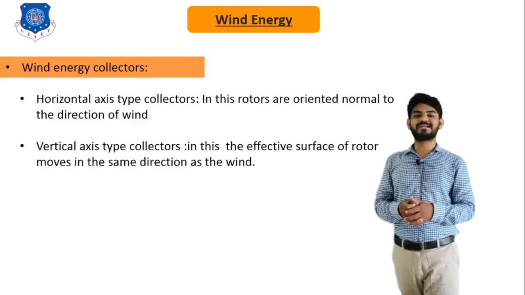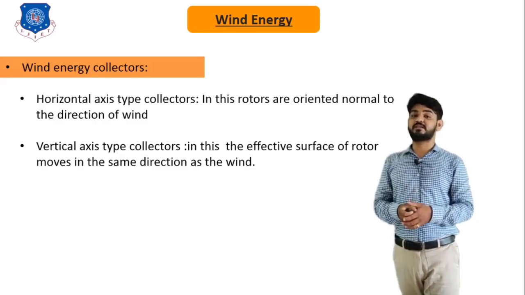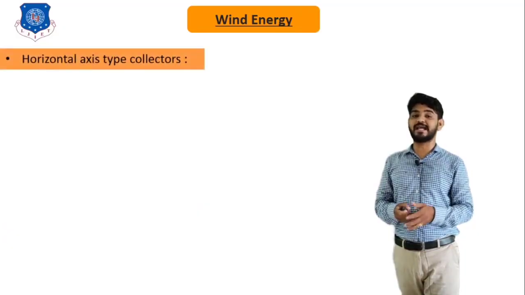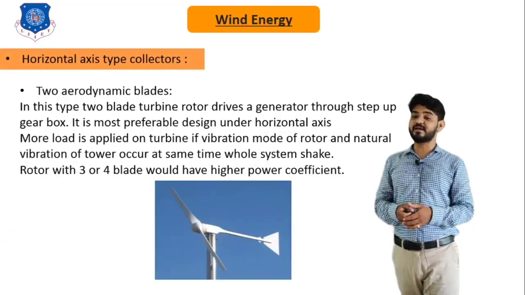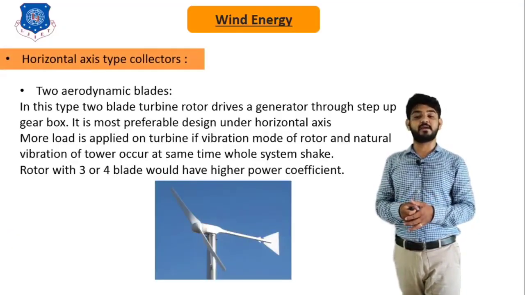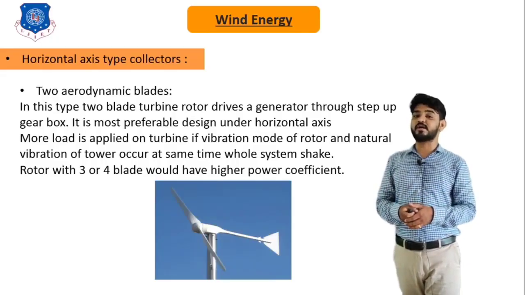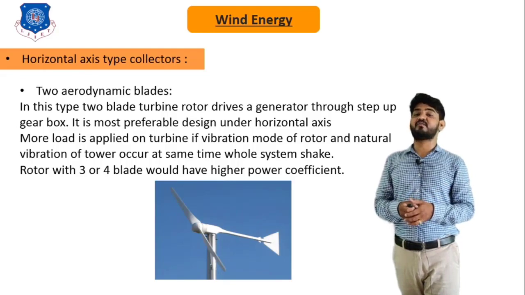So now let's understand the different horizontal axis type collectors. There are mainly 4 different types of horizontal axis collectors. First one is the 2 aerodynamic blade. In this type of collector, a 2 blade turbine rotor drives the generator via a gearing and coupling assembly to produce electricity.